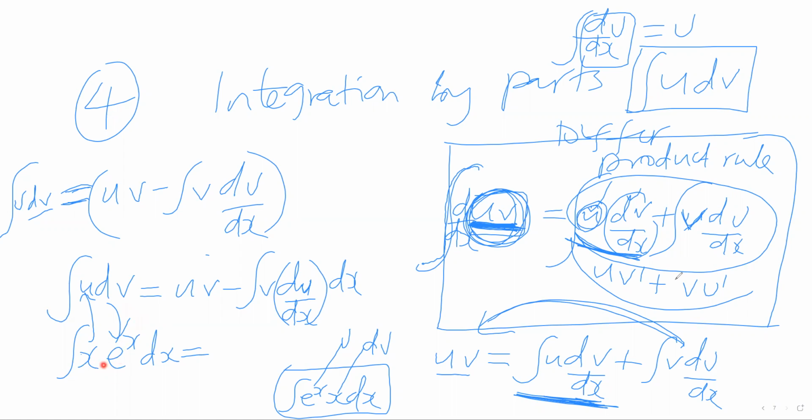There are certain functions that don't disappear. You can have a case where, if you choose one function to be u and keep on differentiating it, it's not disappearing.